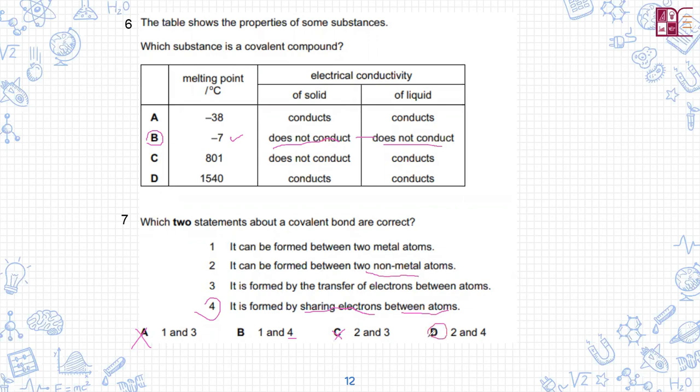These are going to be correct. So 7, D is the correct one. They have asked which statements are correct about covalent bonds. They are formed between two non-metal atoms and they share electrons between the atoms.